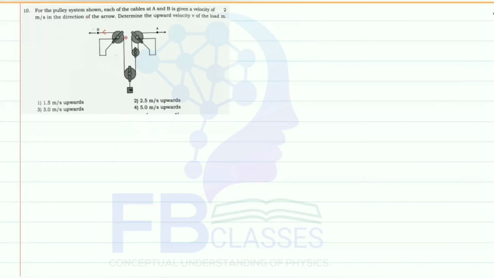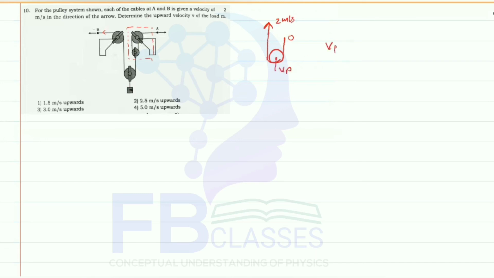Okay, now I am going to draw the free body diagram of this pulley system. See here, this is the pulley. Here one side is a constraint and the other side is pulled with 2 meter per second. So the constraint side velocity is 0.